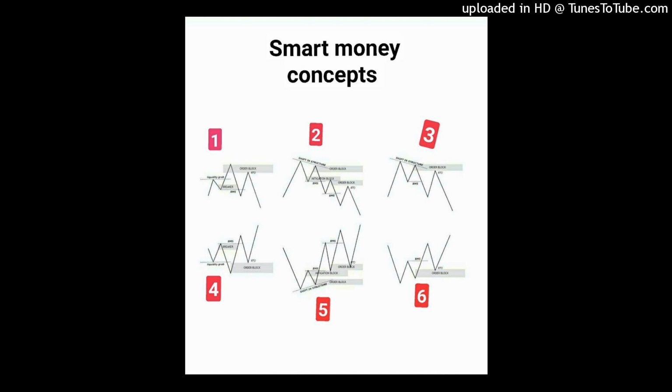There we go. Okay, so in terms of continuations, let's use blue. So in terms of continuation, say when you get candles like this, and the ones are shaded in. Okay, we'll do it like this. And then you get a pullback, and then it carries on dropping.